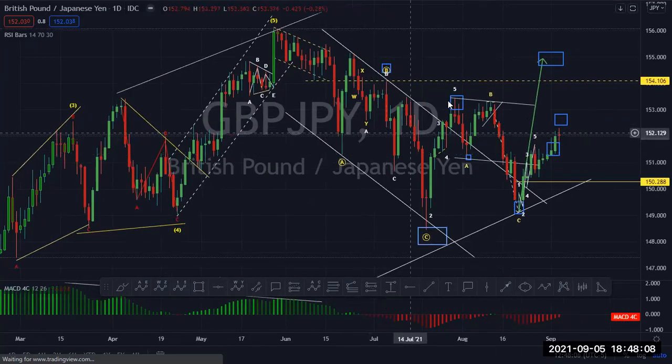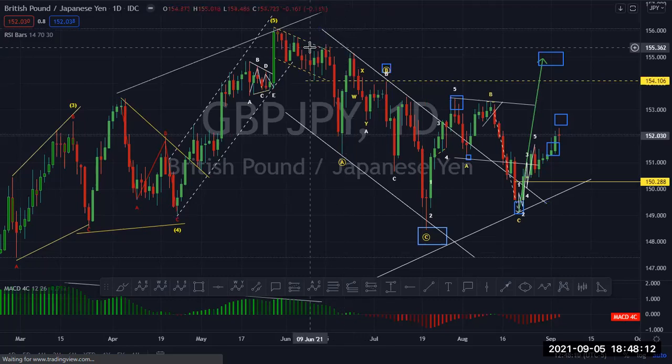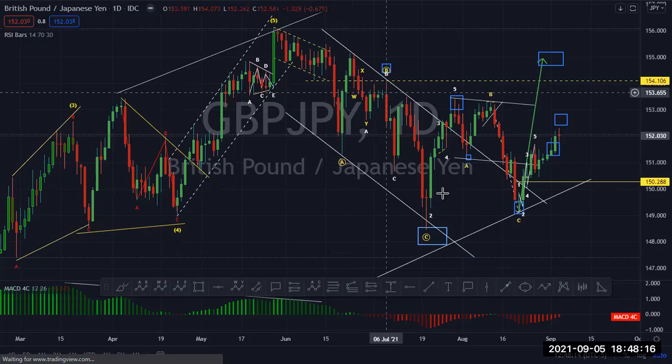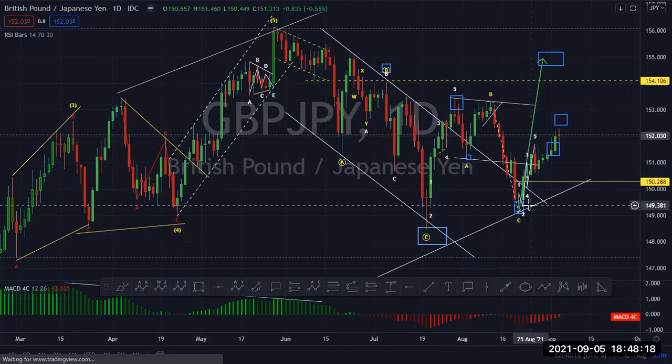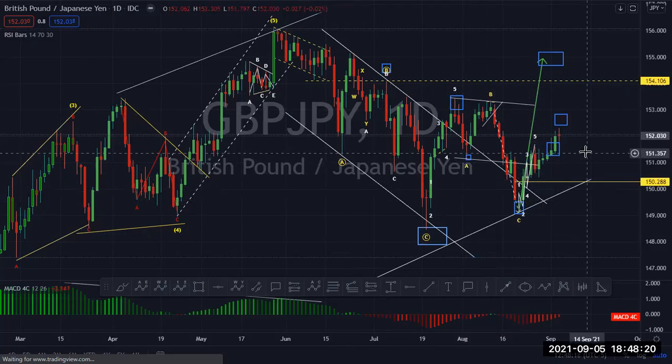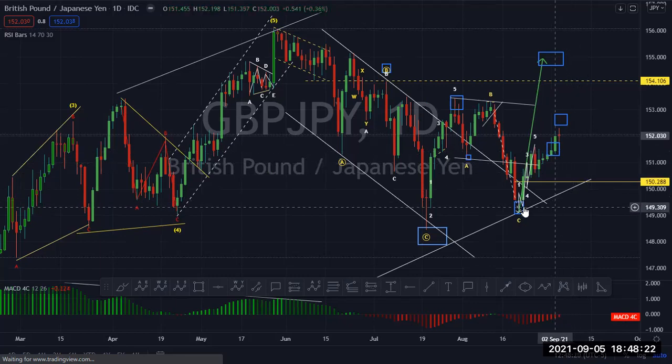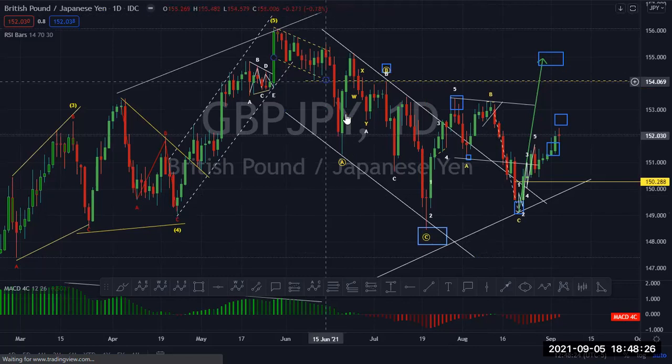You can see we have a kind of 5 swings: 1, 2, 3, 4, 5. Because this swing does not go below this one, I take it as an ABC. So this to me is wave 1, this is wave 2 of a bigger move.